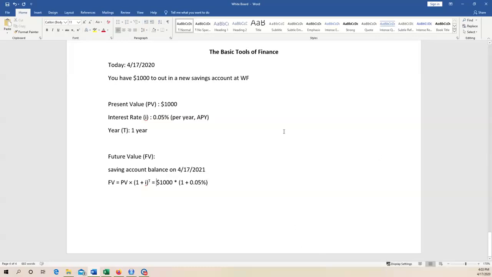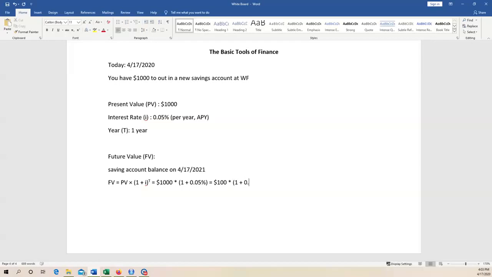So the 1 year future value for $1,000 you put in your savings account right now at Wells Fargo with 0.05% annual interest rate equals, let me give some intermediate steps, $1,000 multiplies 1 plus 0.05%.